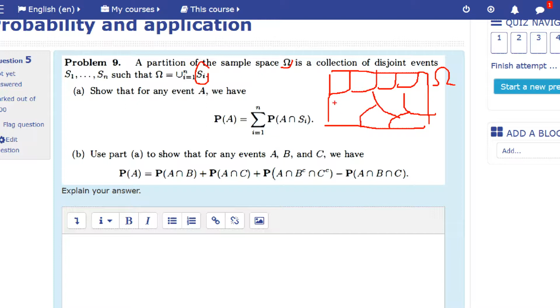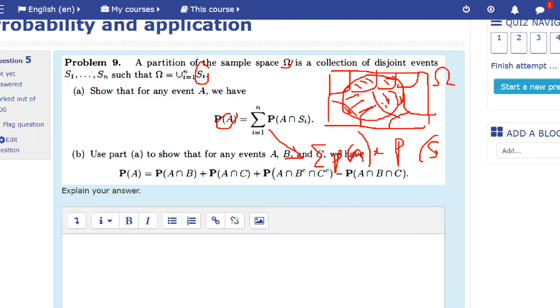Together they make the full space. And event A, any event. So clearly this event will intersect with some of them.